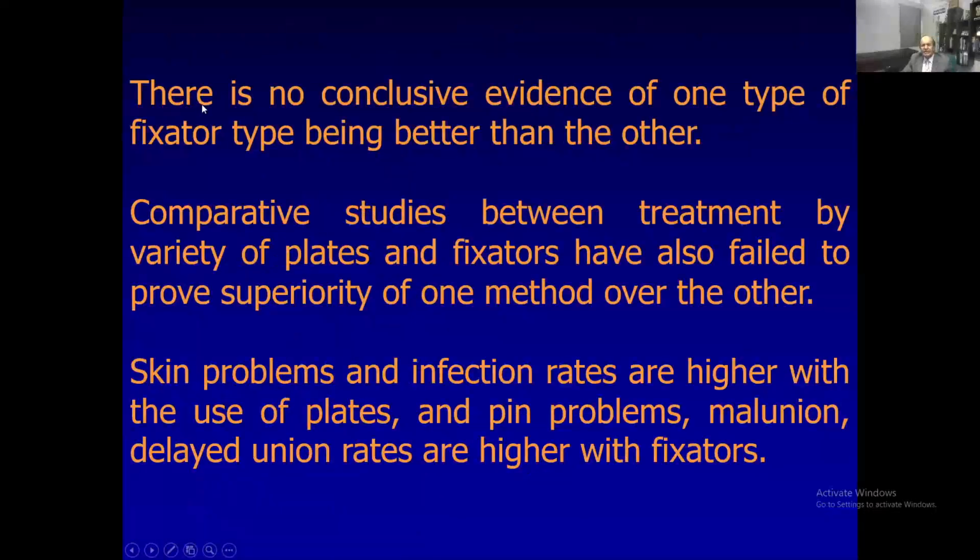So all in all, there is very little conclusive evidence of one type of fixator or treatment being better than the other. Comparative studies between treatment by a variety of plates and fixators have failed to prove superiority of one method over the other. In general, skin problems and infection rates have been higher with the use of plates, and pin problems, malunion, and delayed union have been more frequent with external fixators.